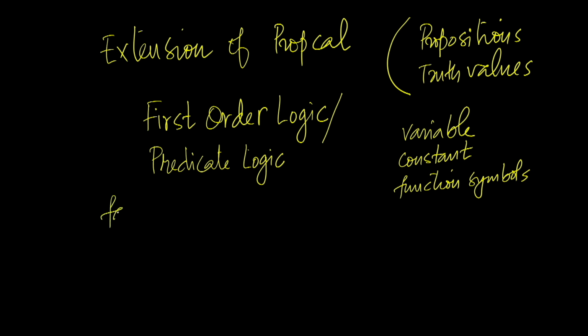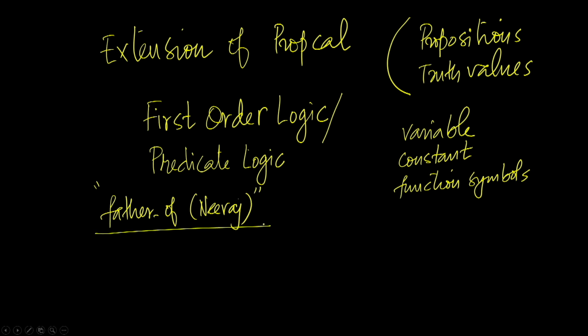For example, father of Neeraj. This is a naming mechanism. Father of is a function which is applied to the constant Neeraj to create the phrase father of Neeraj. So this phrase is a naming phrase.